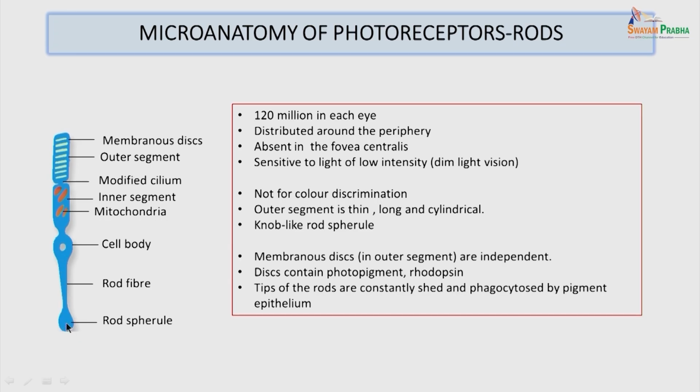And in the opposite end, you can see the rod spherule, which is knob-like. You can see the membranous discs present in the outer segment here. There are many, and these contain the photopigment called rhodopsin. Tips of the rods are constantly shed and phagocytosed by the pigment epithelium.